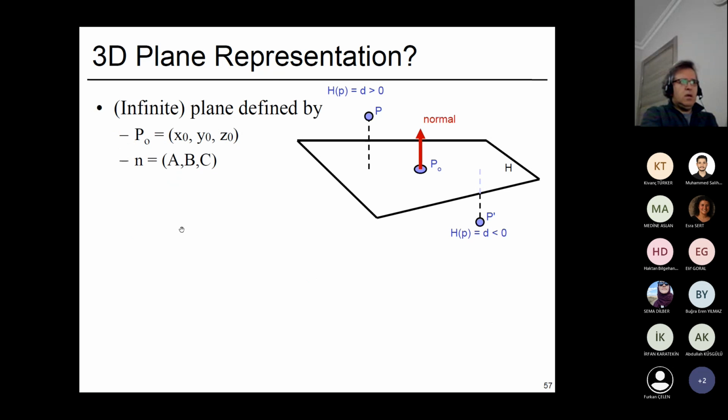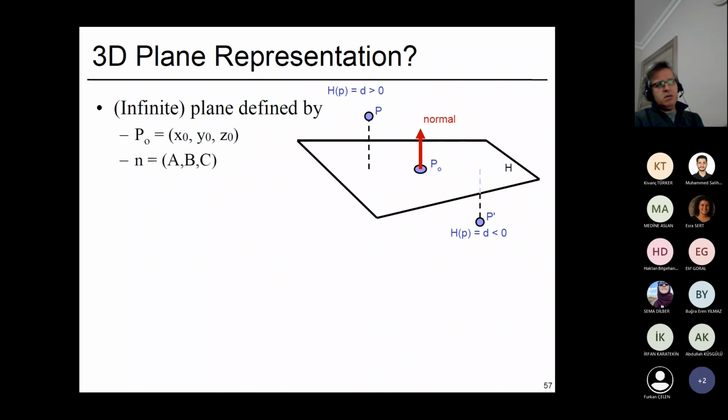All right. Now, if I have a plane, let's start by assuming that we have an infinite plane. We can constrain that plane with its boundary, but for the time being, assume that it is an infinite plane.